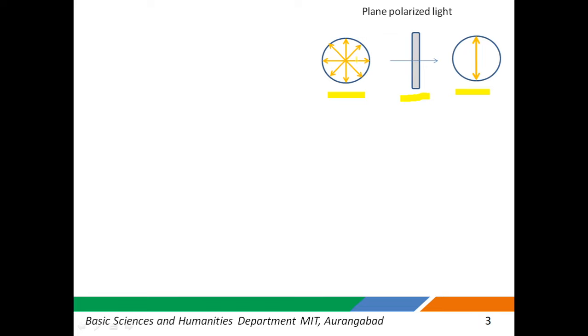So what is plane polarized light? The light is said to be plane polarized if it has vibrations in a single direction perpendicular to the direction of propagation. The axis along which the electric field is oscillating is called the polarization axis. When this axis is fixed by some means, that is, it always points in the same direction, then we call the light plane polarized.